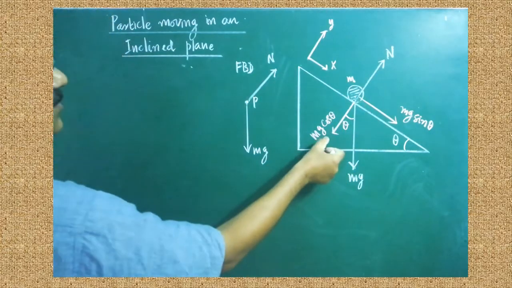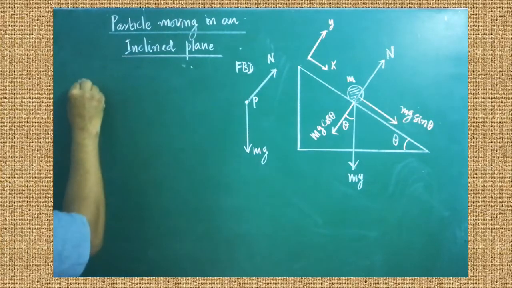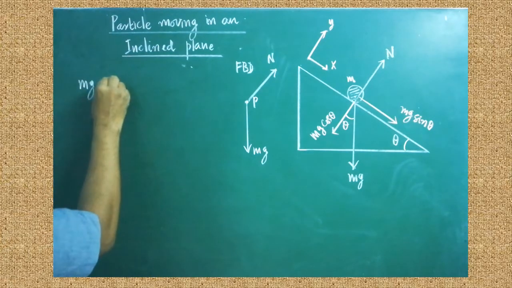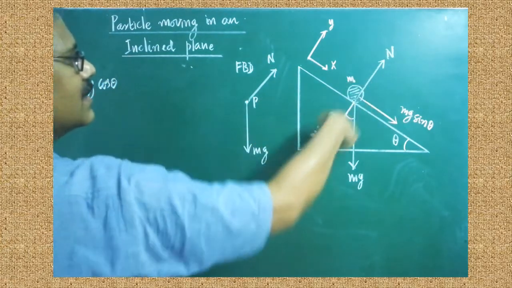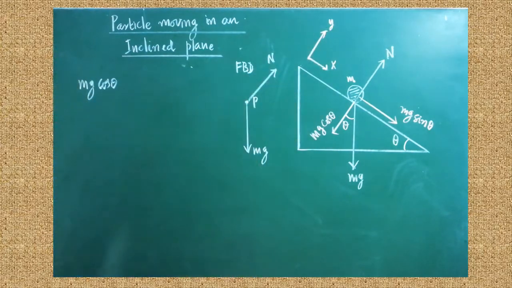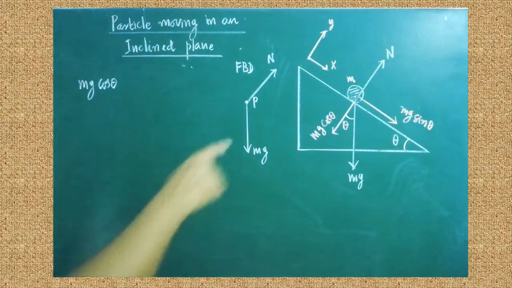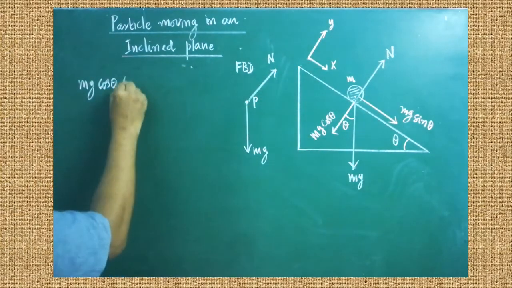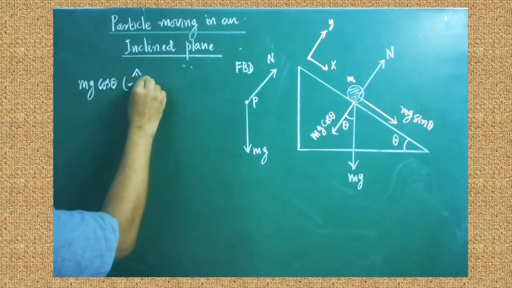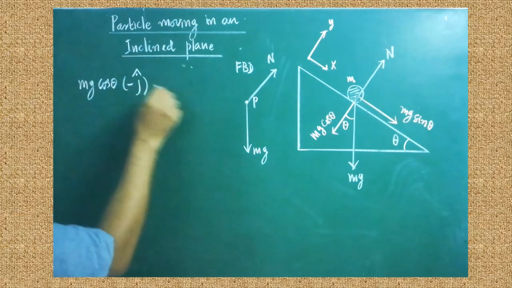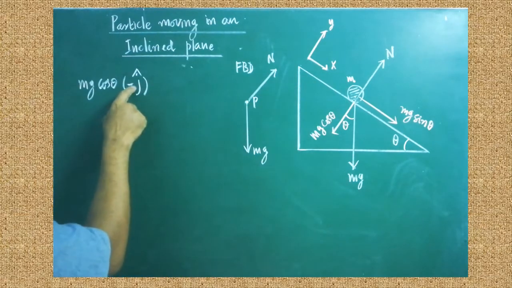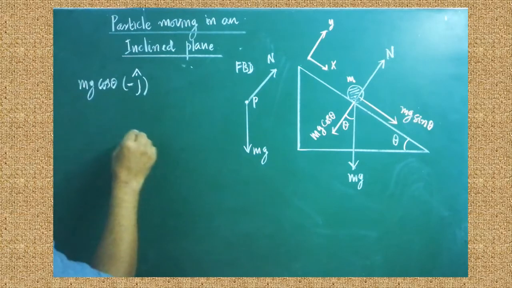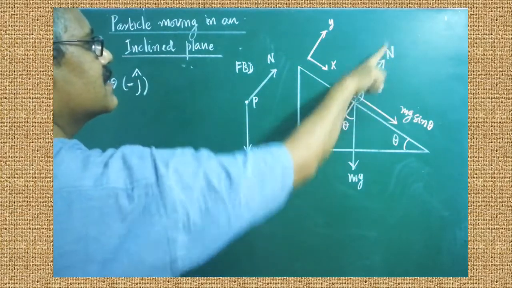Let us take this force. What is this? mg cos theta, which is acting along the negative y direction. Which direction? Negative y direction. Since it is acting along the negative y direction, it must be written as minus j cap. For the minus y direction, the unit vector is minus j cap. And one more force is acting in this direction.